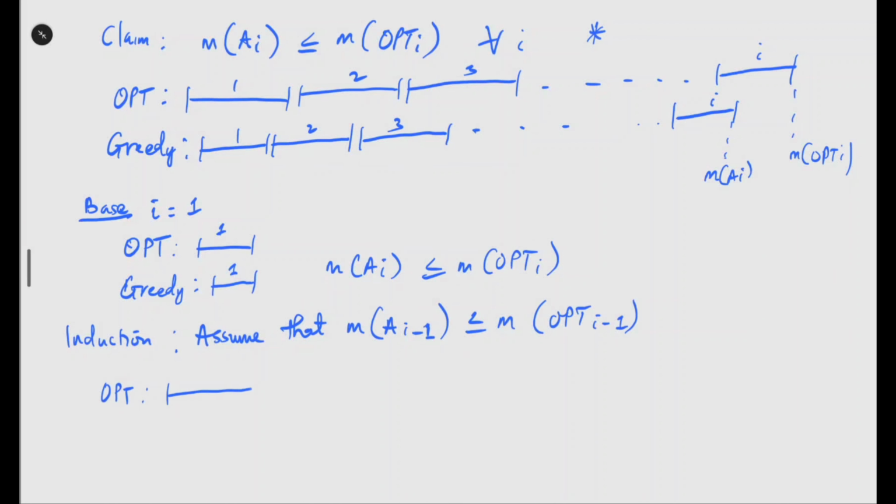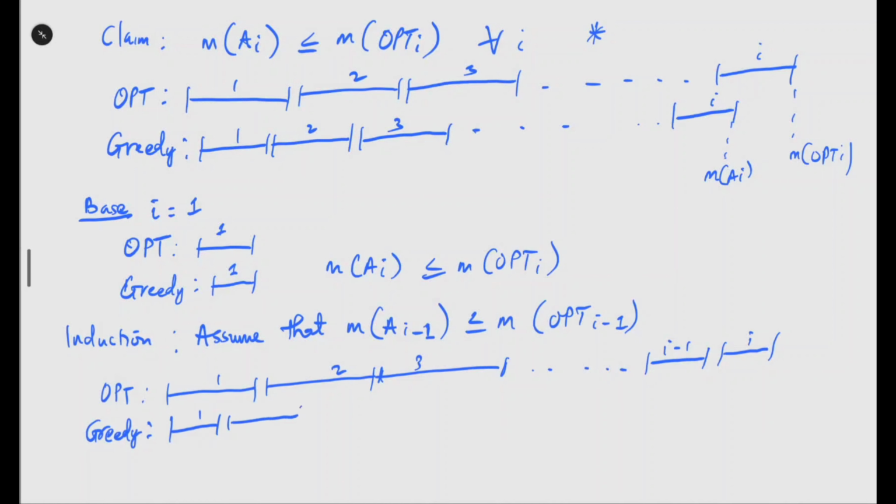If we have I minus 1, then I, it means that when we use a greedy, the greedy algorithm should give us something like this, I minus 1, and this, right?